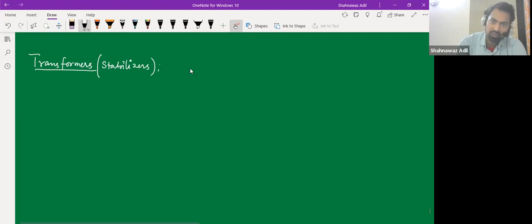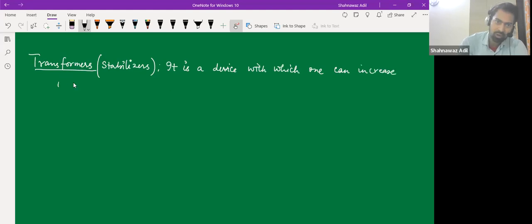So it is a device with which one can increase or decrease the voltage, right?